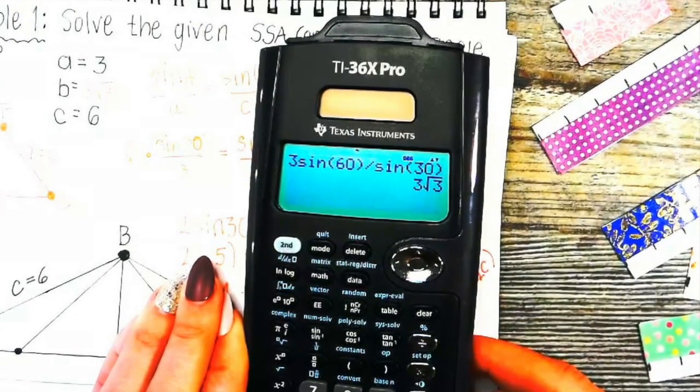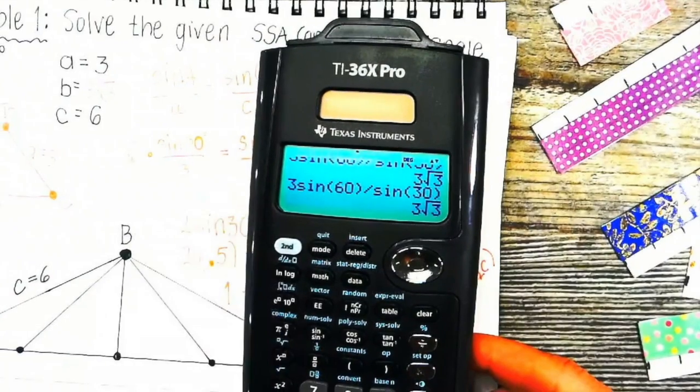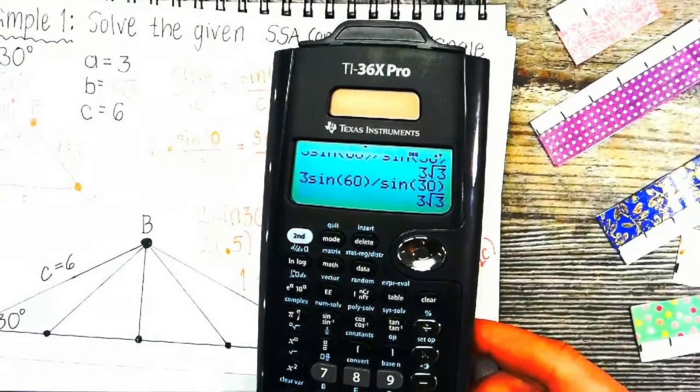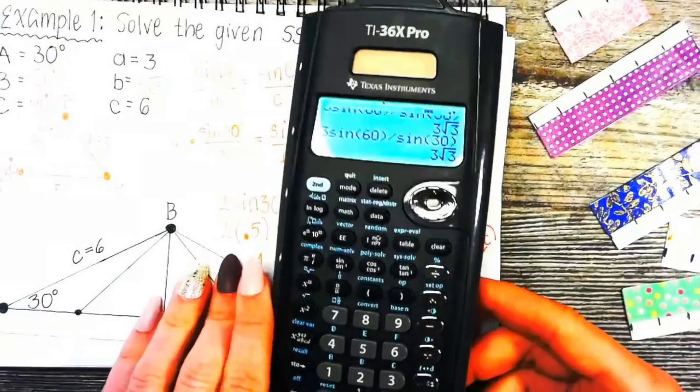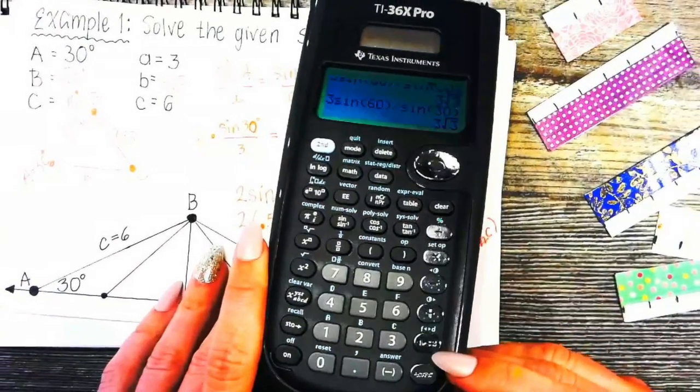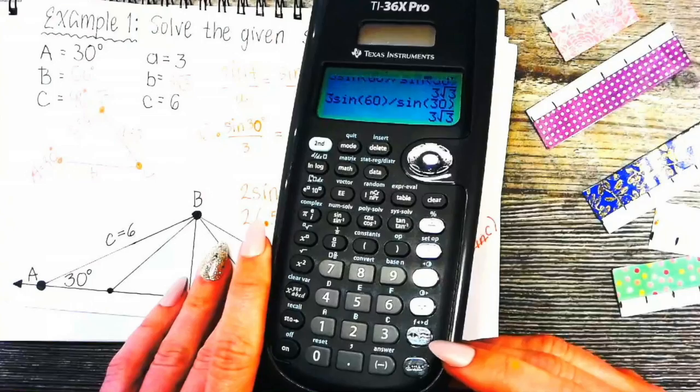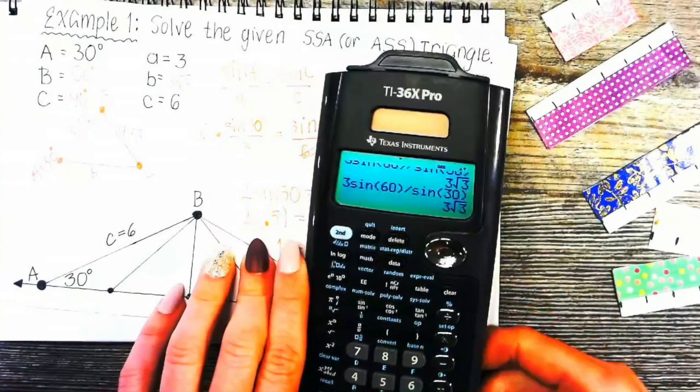What if you needed the decimal and your calculator is giving you a radical? Most calculators, what you'll do is you're going to hit second and then enter. However, on this calculator, I do have a little approximately equals sign. Now let's see, right over here. That's telling you it's an approximation.